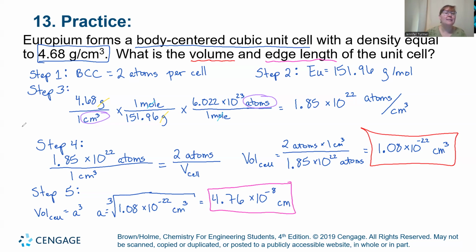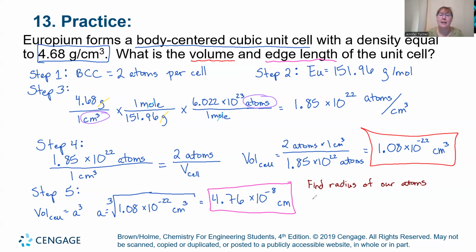Now, it's not asked in here, but we could go a step farther and find radius as well. So to find the radius of our atom, we can actually use this piece of information to find that.